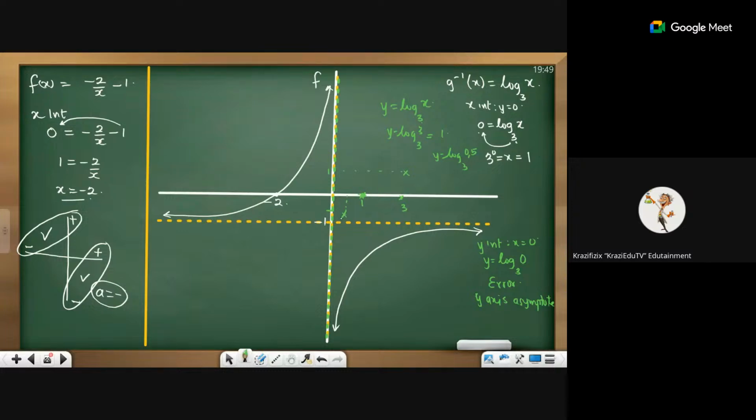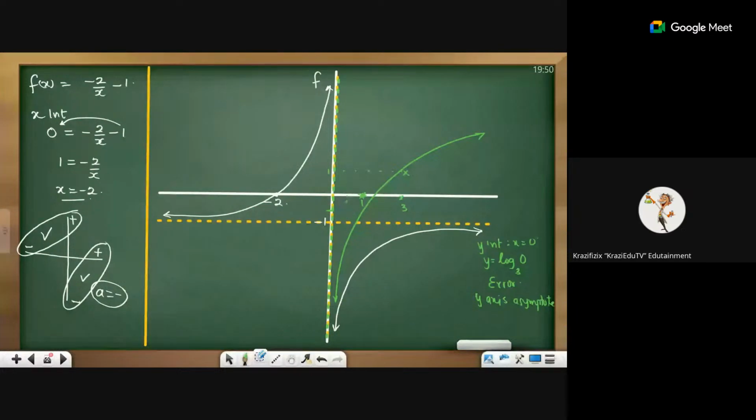Can you see the shape? What's your graph looking like? It's not going to touch, right? So let's clean all of this now because we are done here. It's not going to touch the y-axis. All right, now I have the shape. You don't have to go through the points now.